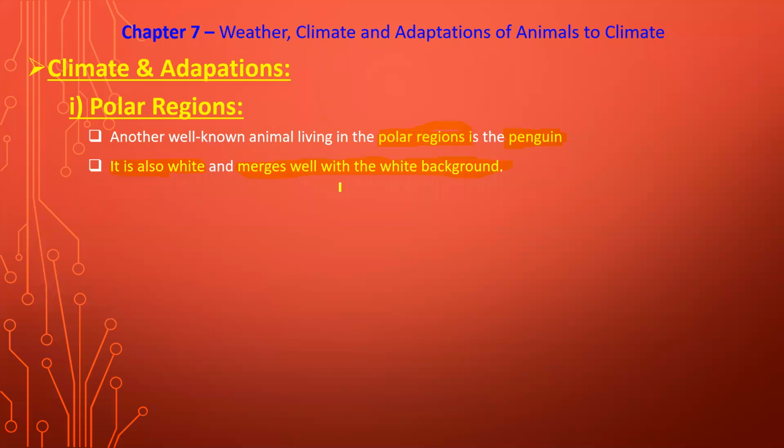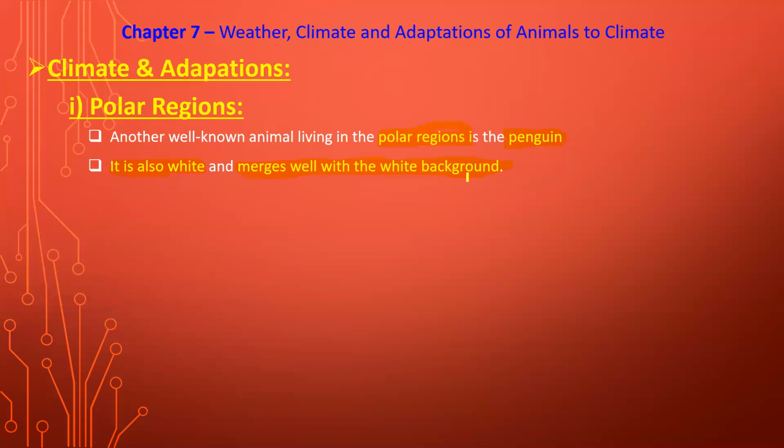They are white in color and well merged with the white background, because in the polar regions it is mostly covered with snow, and snow is white in color. Therefore, to match up with that white background, it is also white in color.